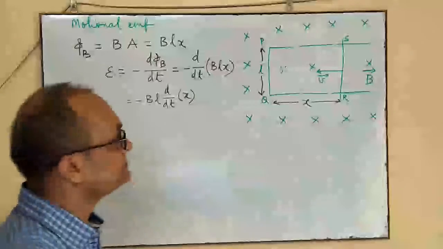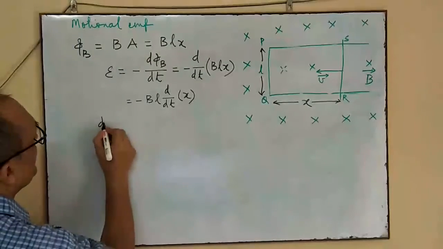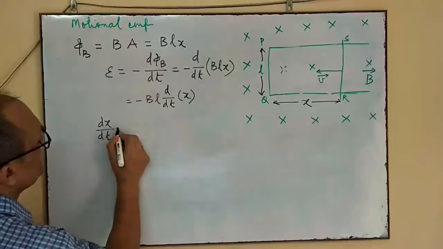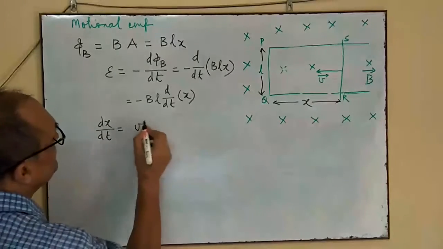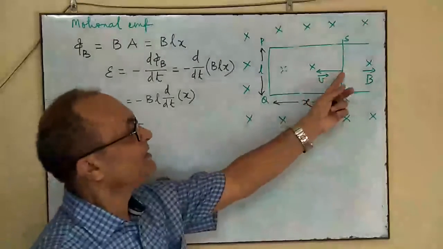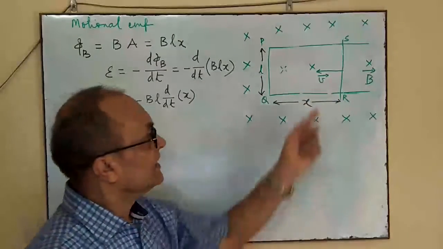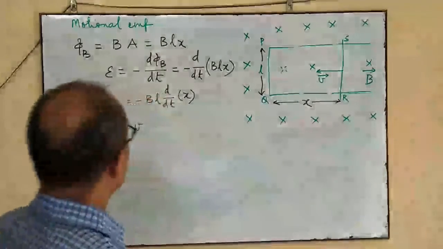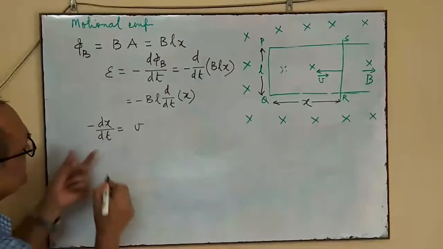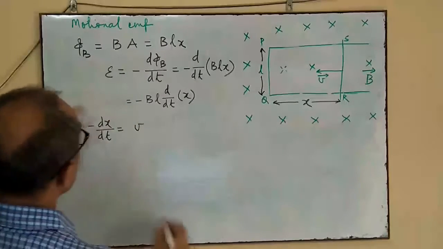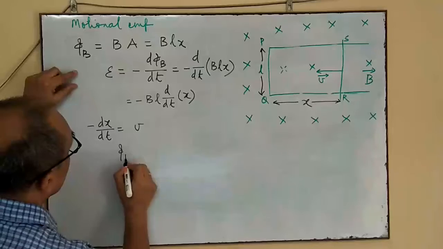We know also dx by dt equals v, and think over this here now. When it is moved in this direction, the value of x decreases, so we can say minus dx by dt equals v.